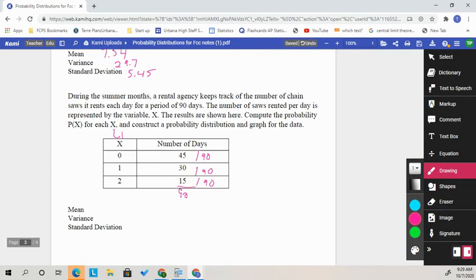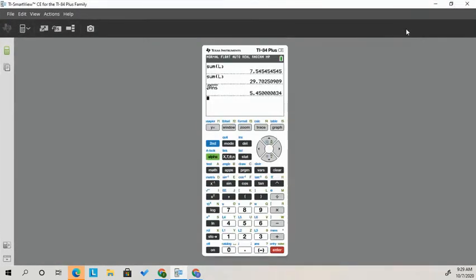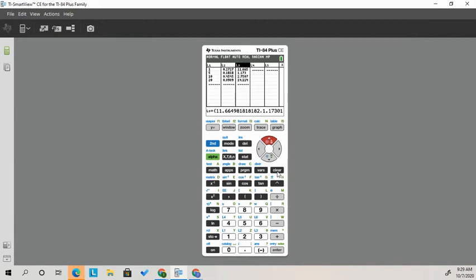So let's go through and put it in our calculator. This is our last example. Make this bigger. So let's see, stat, edit. I'm going to go through and clear my lists now. Okay, clear that list. And I'll show you another trick too when doing these for our last one.